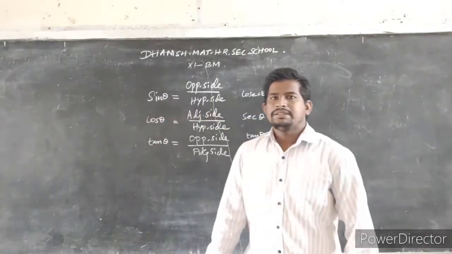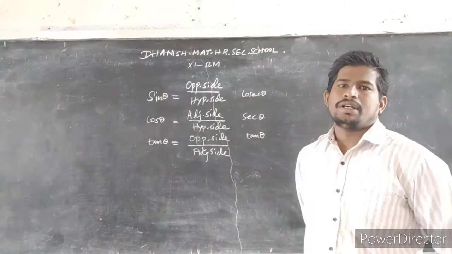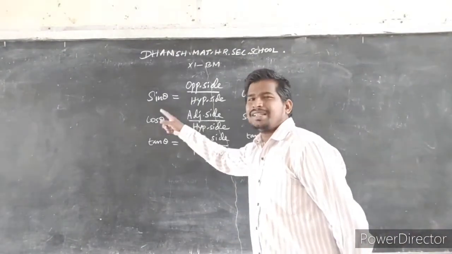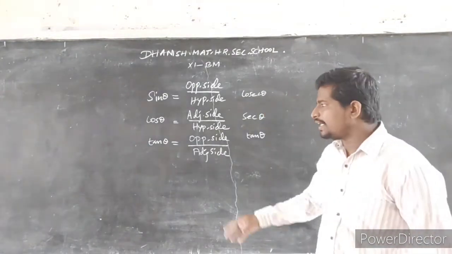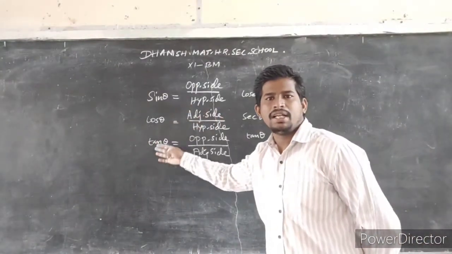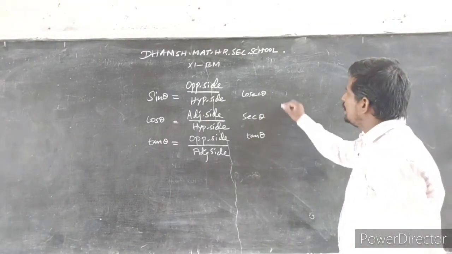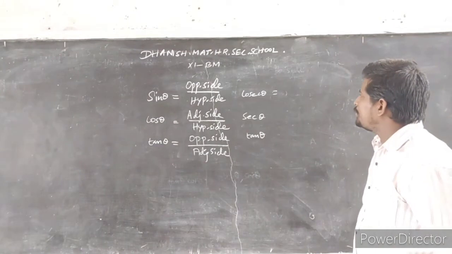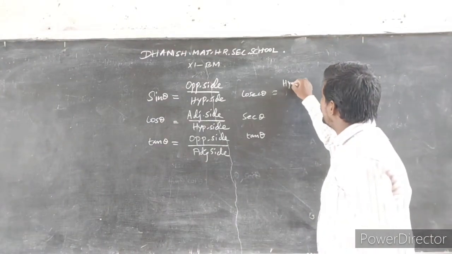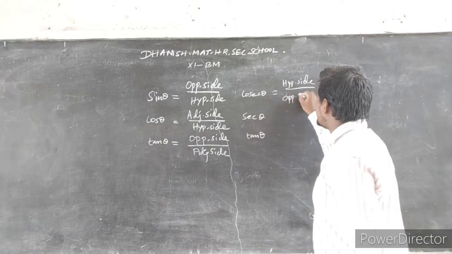As we all know, sin theta and cosecant theta are reciprocal to each other, then cos theta and secant theta are reciprocal to each other. Similarly, the remaining two, tan and cot theta, are reciprocal to each other. So cosecant theta is the ratio of hypotenuse side and opposite side.